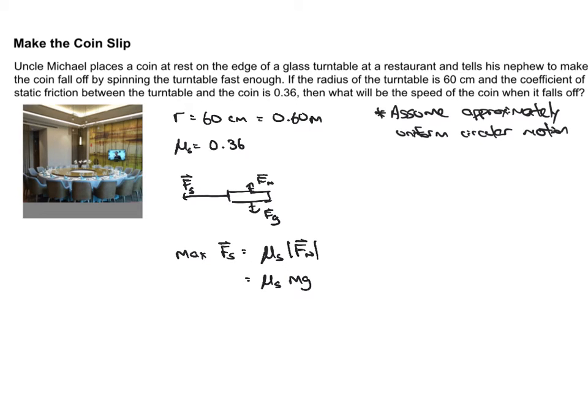They're balanced. So you can calculate that out. Well, maybe not actually, because I don't know the mass of this coin. All right, so let's go back a little bit here. That's the maximum static friction.